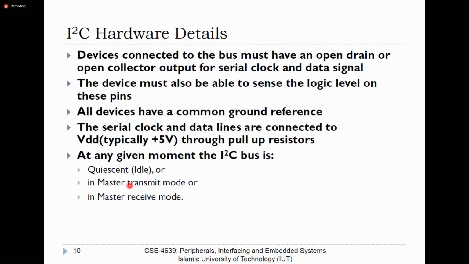If the master selects one slave address, saying that I would like to send some data to you, then the master is in transmit mode, or the master can select one slave, saying that I would like to receive data from you. In that case, the master is in receive mode. So every time we consider the master node states to define the status of the bus.